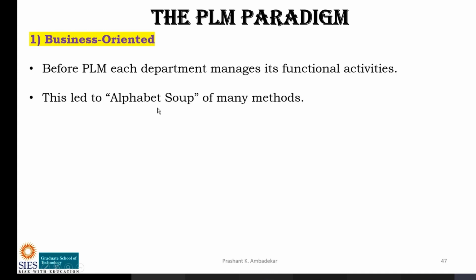Earlier it was alphabet soup for many products. Alphabet soup means, for example, DFM, design for manufacturing, and DFA, design for assembly. Then there were terms like CAD, which is concerned only with drawing, then CAM. Then there were terms like value engineering and value analysis.